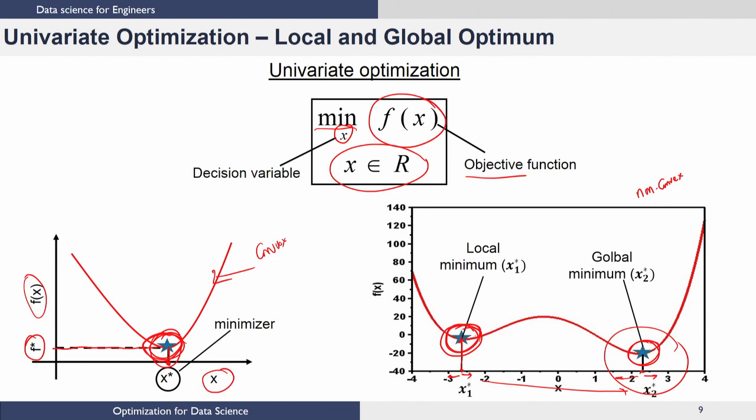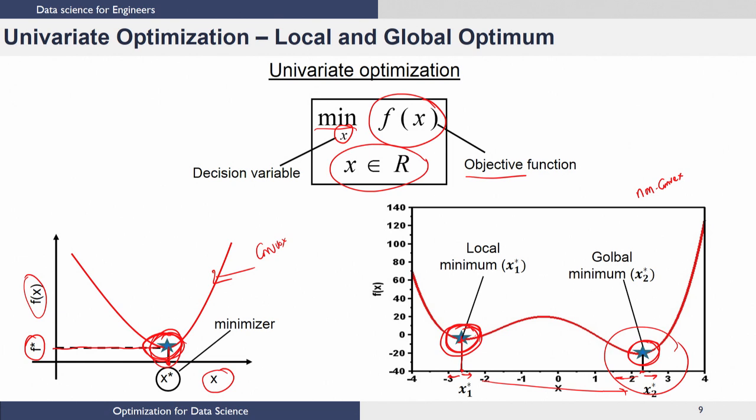So, this very simple concept of local and global optimization is a very important challenge in many data science algorithms, and we will see those later.